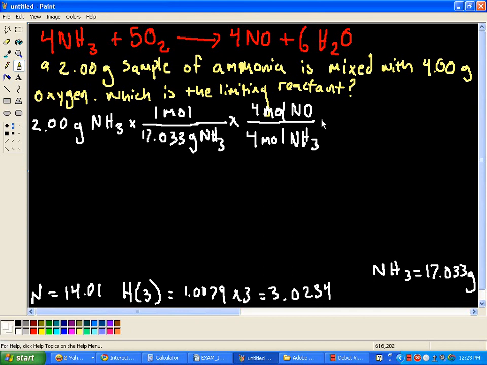And then you have to look up the atomic mass of NO in order to convert into grams. So N we know to be 14.01, oxygen we know to be 16.0. So we'll add that up here with our calculator.